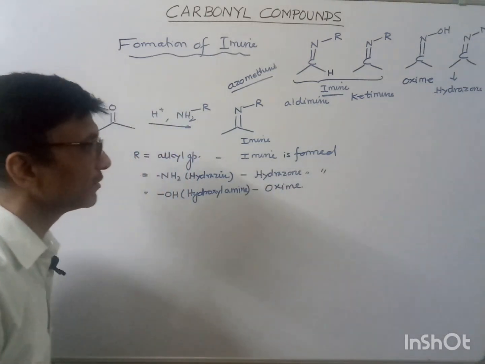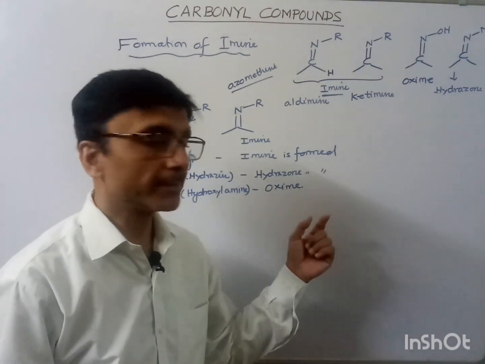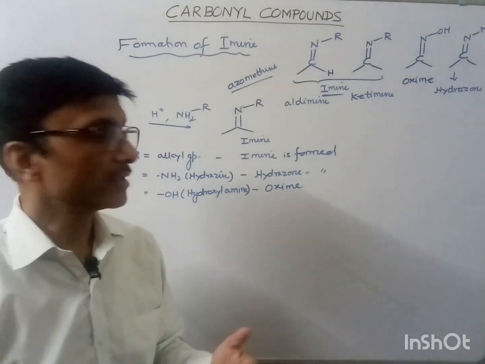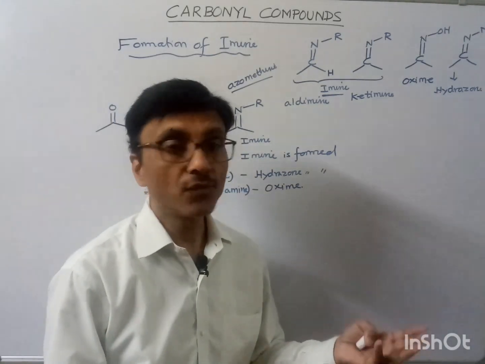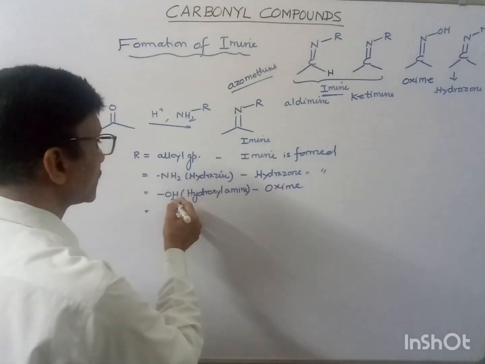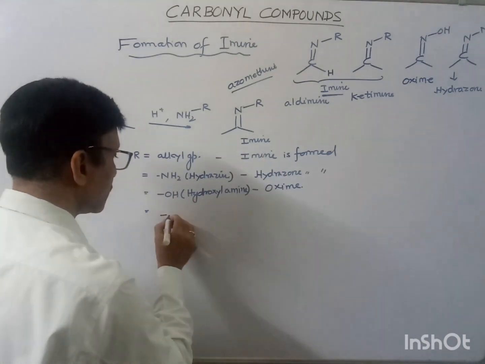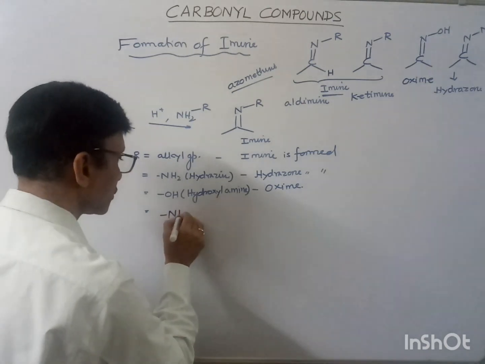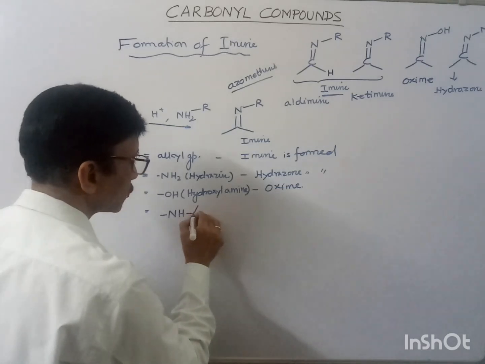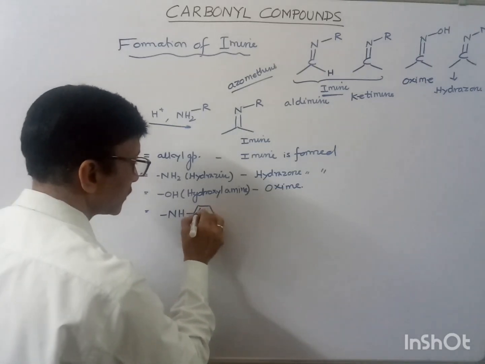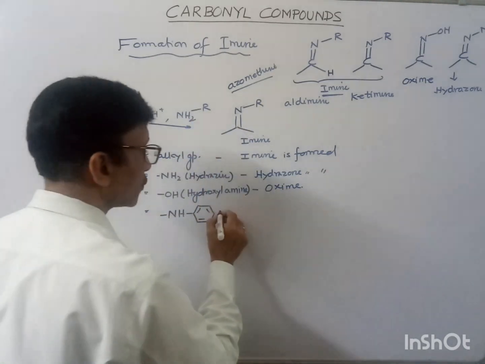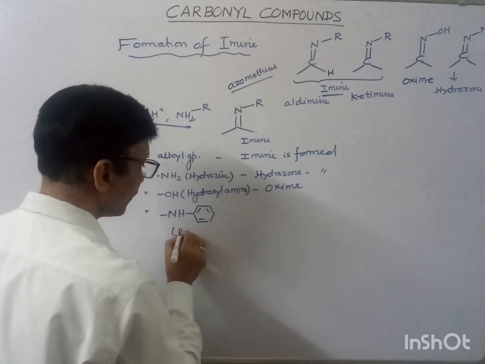We know that this oxime is used in the Beckmann rearrangement reaction, whereas this hydrazone is used in the Wolff-Kishner reaction. And suppose in place of R we have NH and a benzene ring attached, then that is called phenylhydrazine.